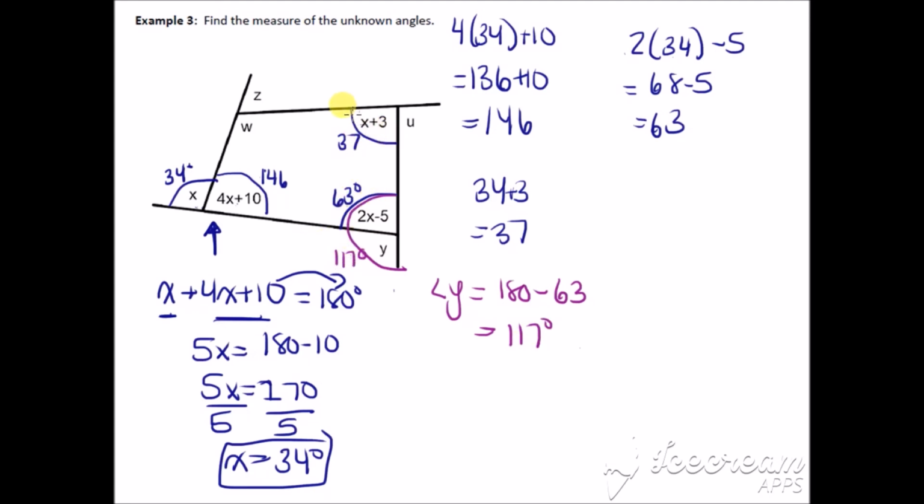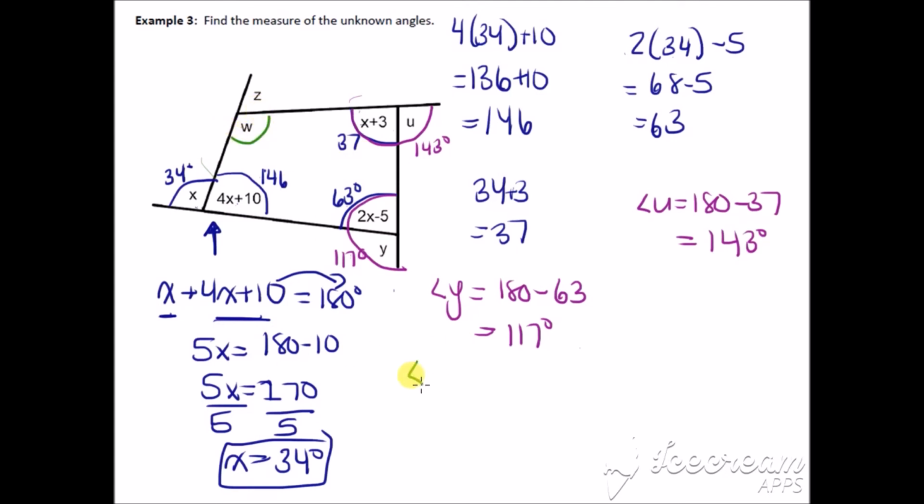And then I'm going to do the supplementary angle theorem on these two. So angle U is going to be 180 minus 37 this time, and we get 143. The interior angles of a quadrilateral all add up to 360 degrees.